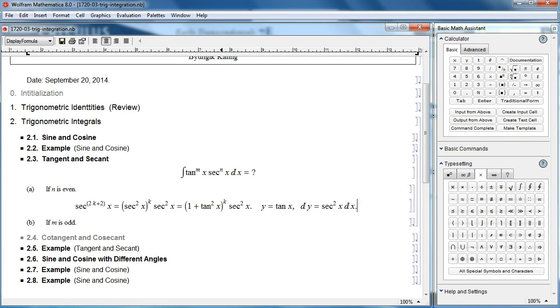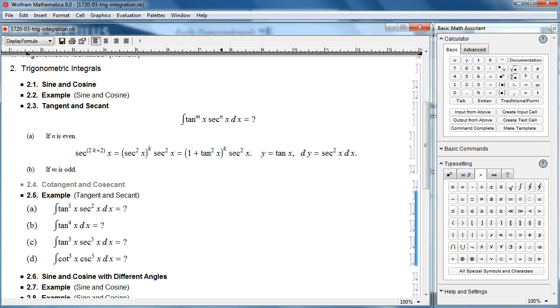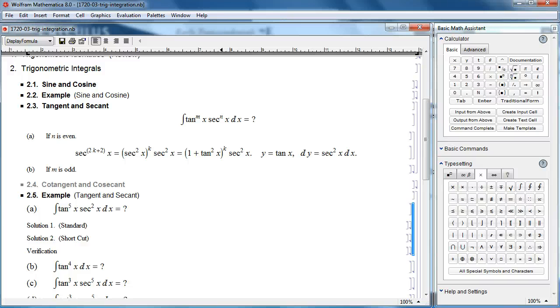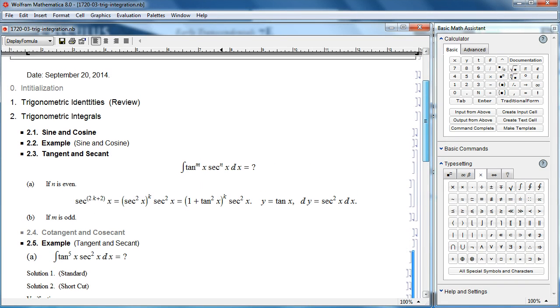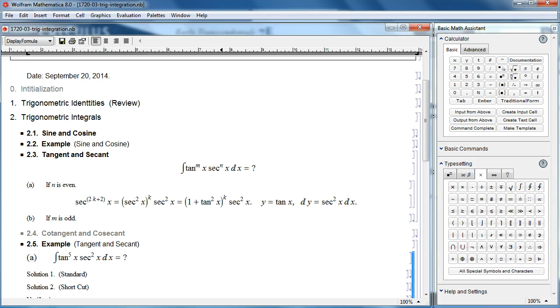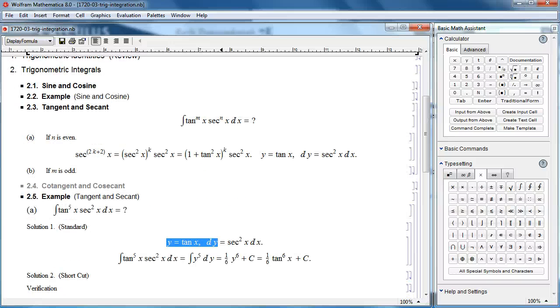Let's go over to an example here, and this probably is the easiest example one can think of. We see secant has an even power, second power, so this is really the easiest possible case. What you can do is take the substitution y as tangent, and dy will be secant squared dx, as we see over here.